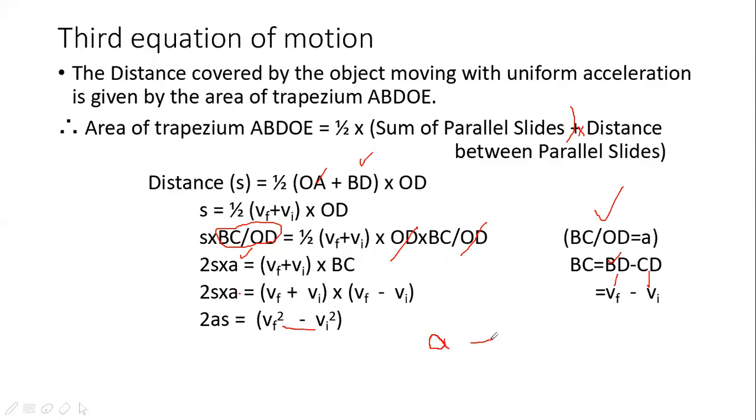The mathematical formula: A plus B cross A minus B is equal to A square minus B square.